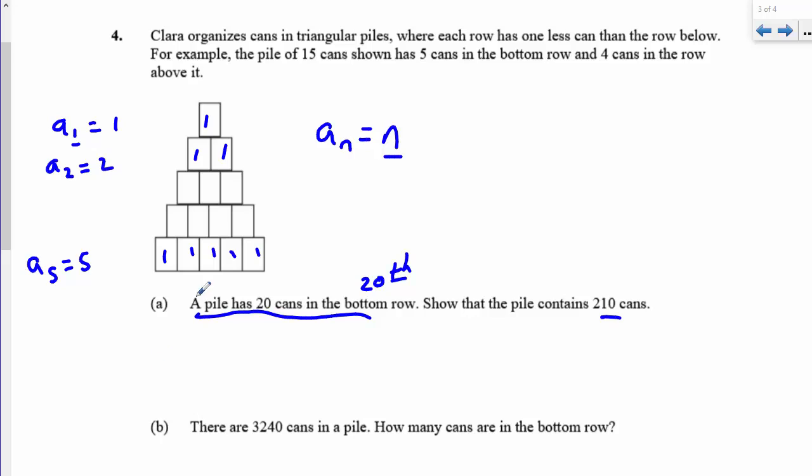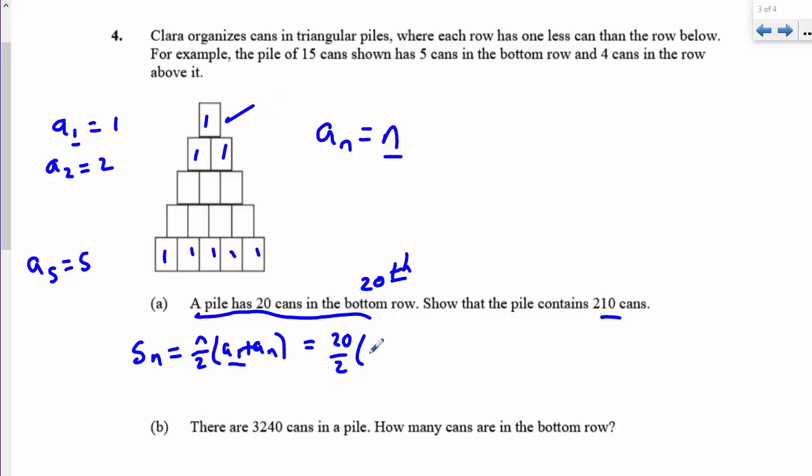They want the total sum of all the cans, so we're going to use a summation formula for an arithmetic sequence here. So we're going to have the sum of n terms is going to be n over 2 times a1 plus an. All right. N is what? 20. We know there's 20 rows, so this is 20 over 2. The first row has how many cans, guys?